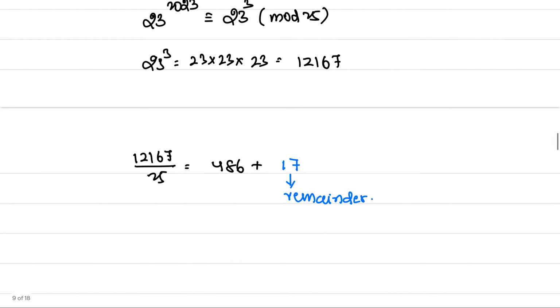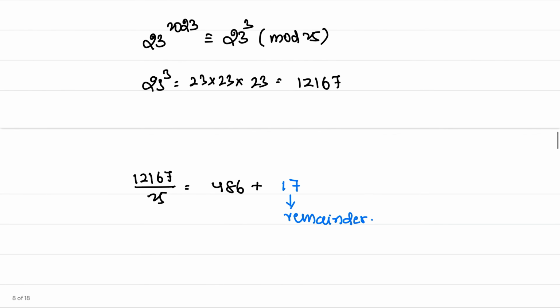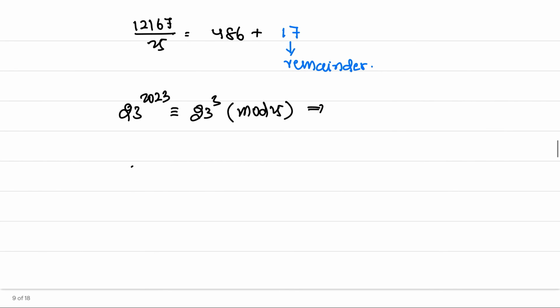That means this can be written as: 23 to the power of 2023 is equivalent to 23 cube mod 25, which implies 23 to the power of 2023 is equivalent to 23 cube, which is 486 plus 17 remainder, so 17 mod 25.